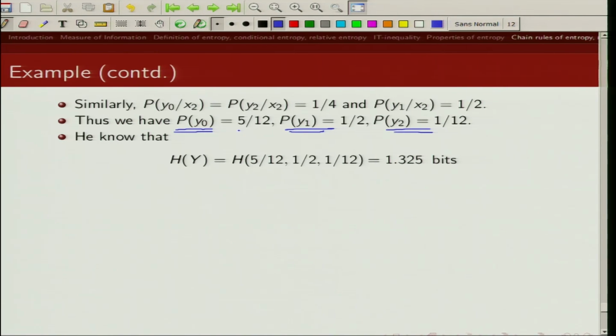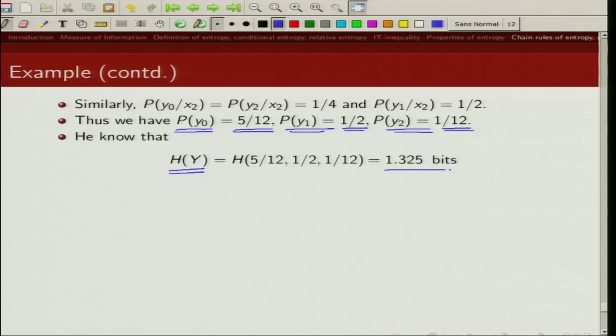In this example, p of y0 turns out to be 5/12, p of y1 comes out to be half, and p of y2 comes out to be 1/12. So the uncertainty in y is given as minus 5/12 log of 5/12 minus half log of half minus 1/12 log of 1/12, and that comes out to be 1.325 bits.